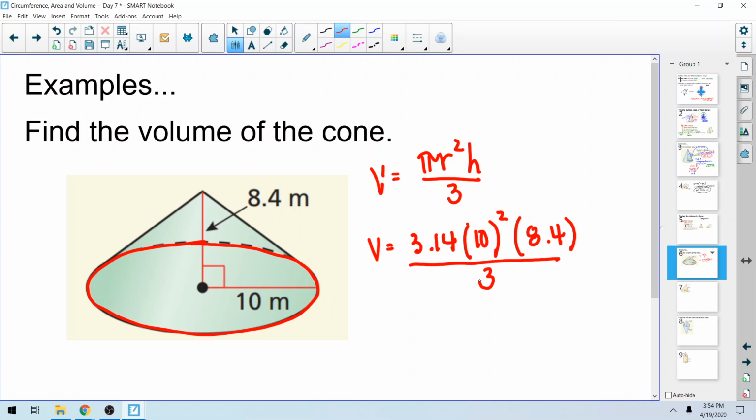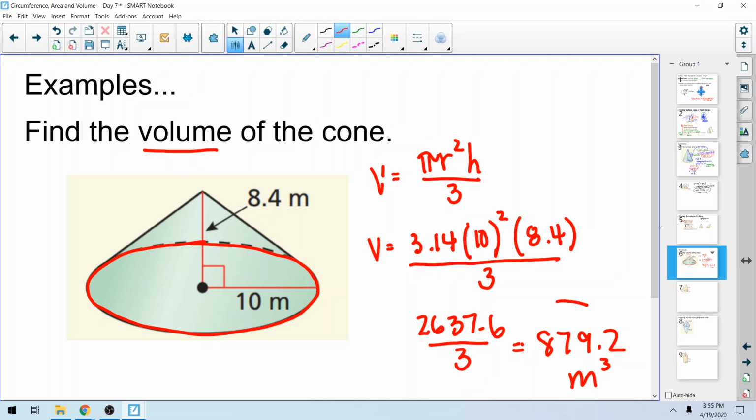I'm going to type 3.14 times 10 squared times 8.4. And for that top answer, I got 2,637.6. But I still have to take that and divide it by 3, which gets me 879.2 meters. And this time we're talking about volume, so this is cubed.